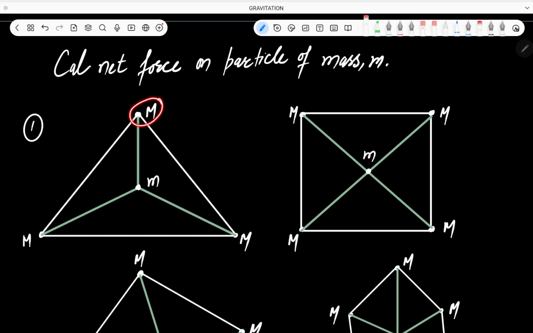Like this, 3 particles at the 3 corners of an equilateral triangle, and another particle is placed at the center. In example number 2, there are how many particles? 4 particles placed at 4 corners of a square, and the fifth particle is placed at the center of this square.